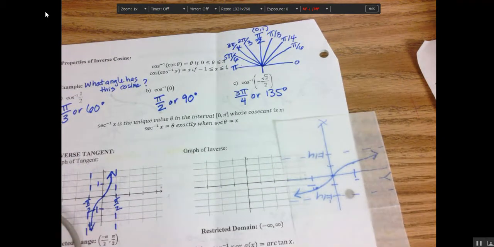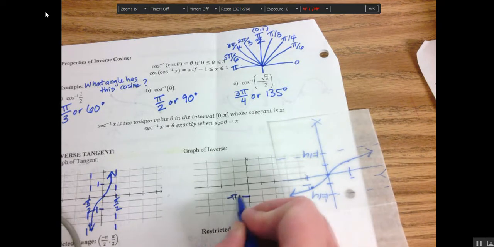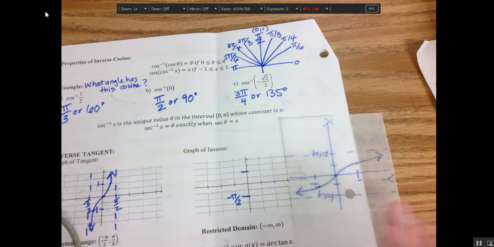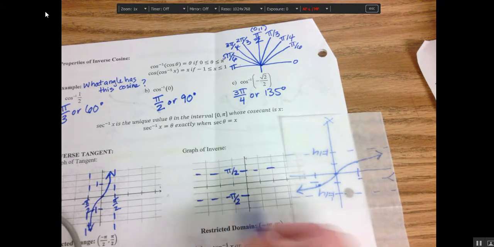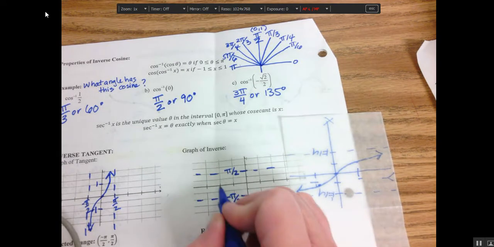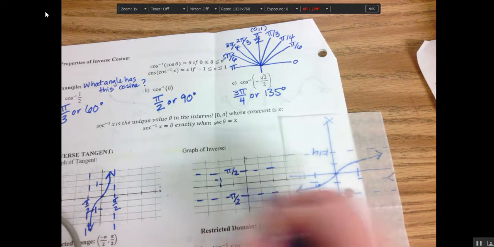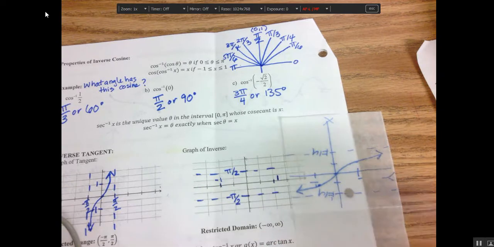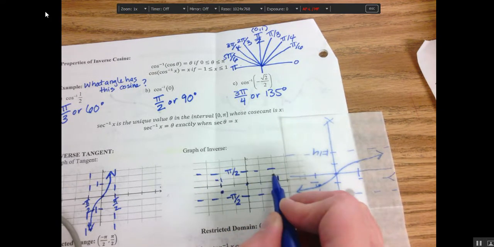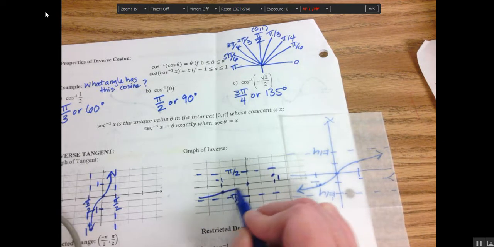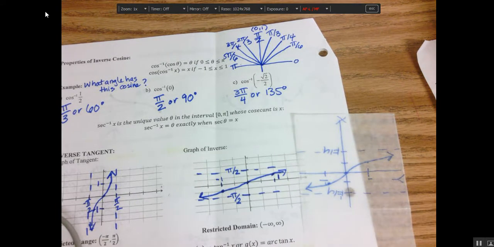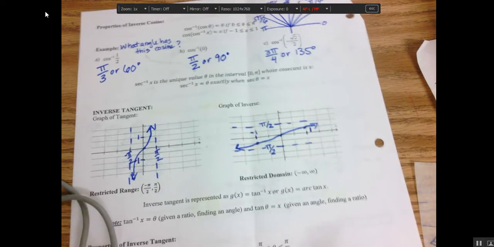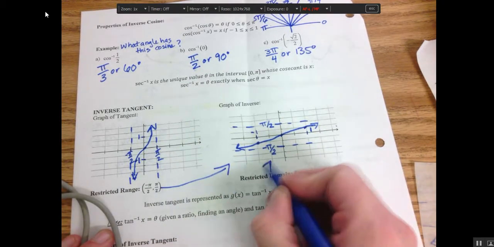So we need to copy that over here. All right, so remember that these notes about domain and range, these are all for the inverse graph.